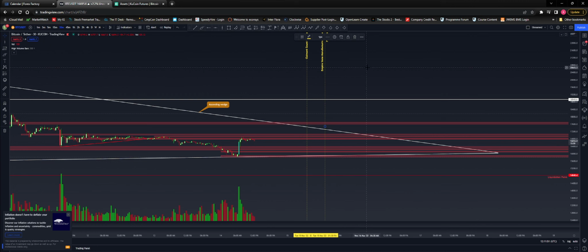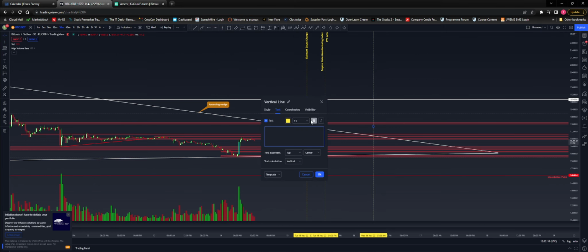Wednesday, 1 a.m., 2, 3, 4, 7. Here you go. It'd be nice if I clicked my horizontal line. Where are we? Wednesday, 7 a.m. Nice. Okay. GBP. All right.